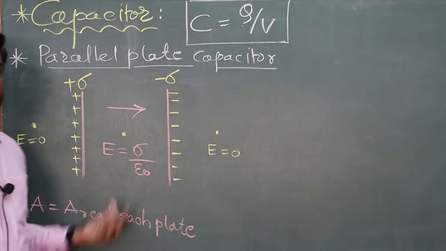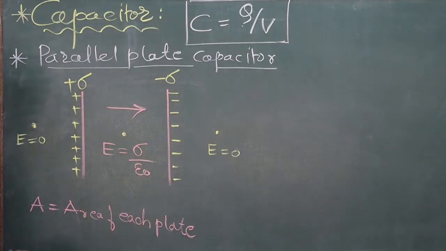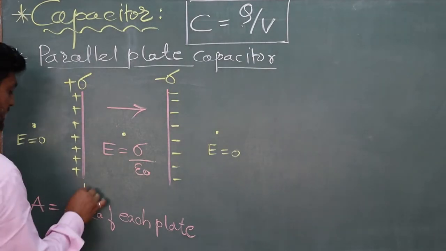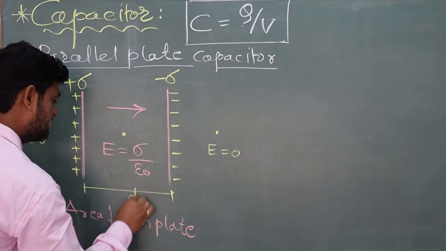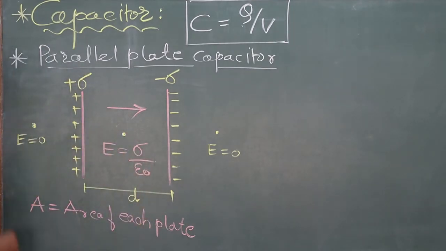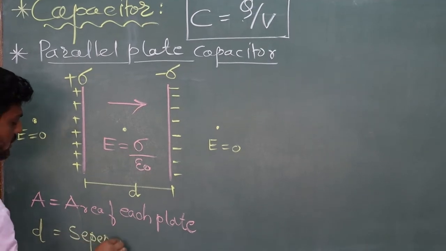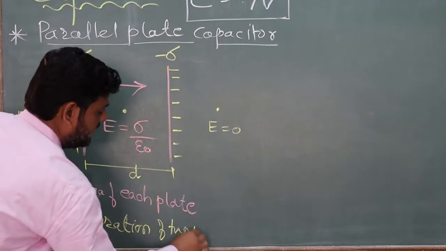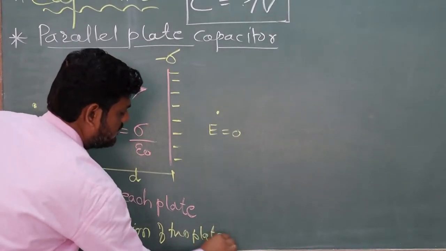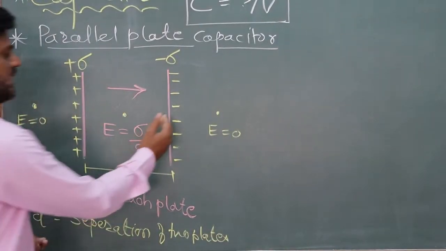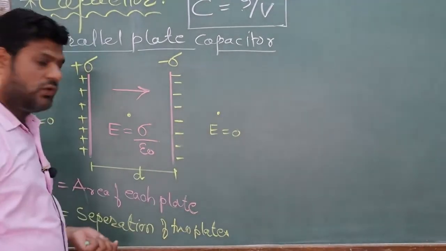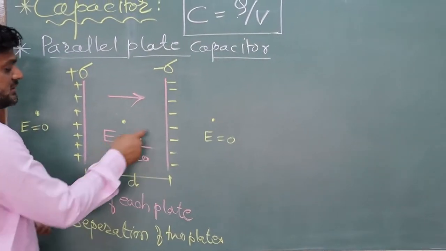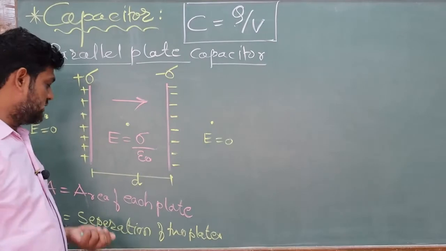This is the electric field inside the two plates, and these two plates are separated by some small distance d. So here d is the separation of the two plates. We know the electric field outside is 0, and inside the plate the field is E equals sigma divided by epsilon 0.